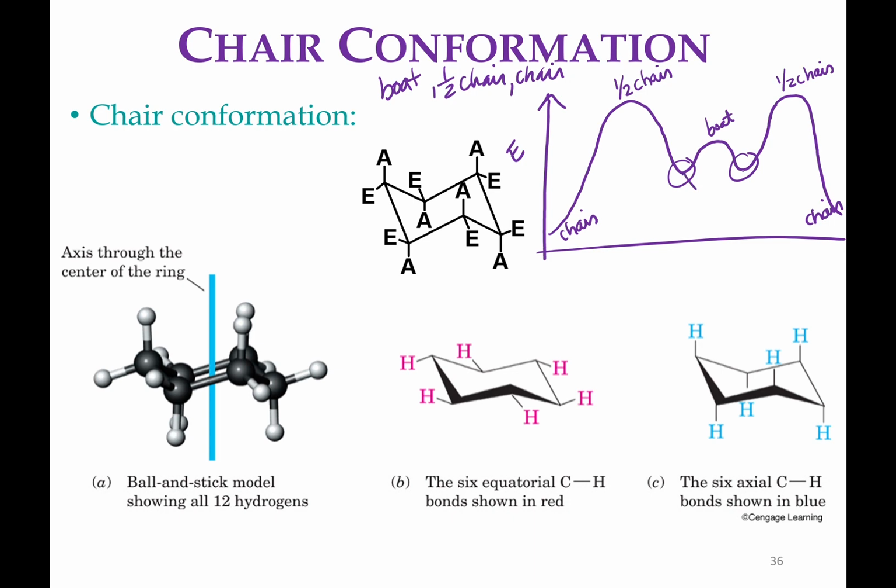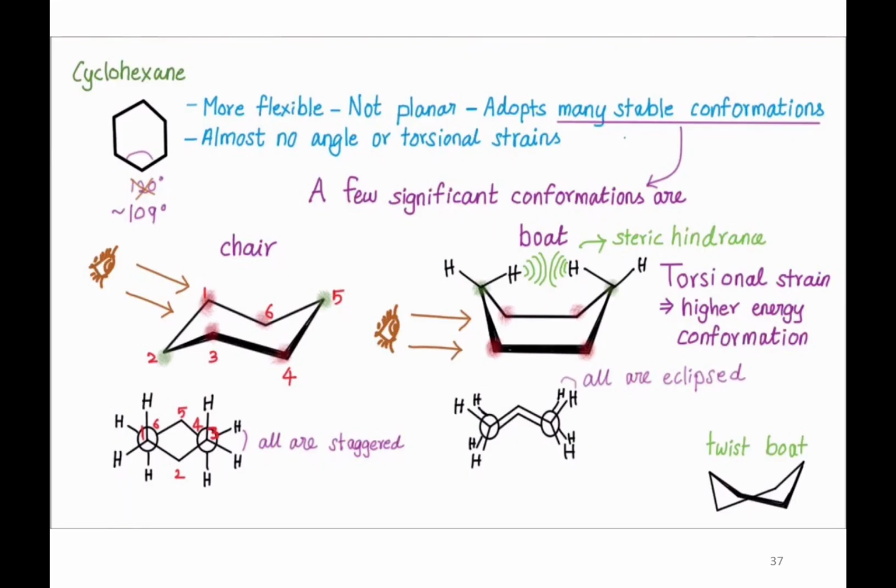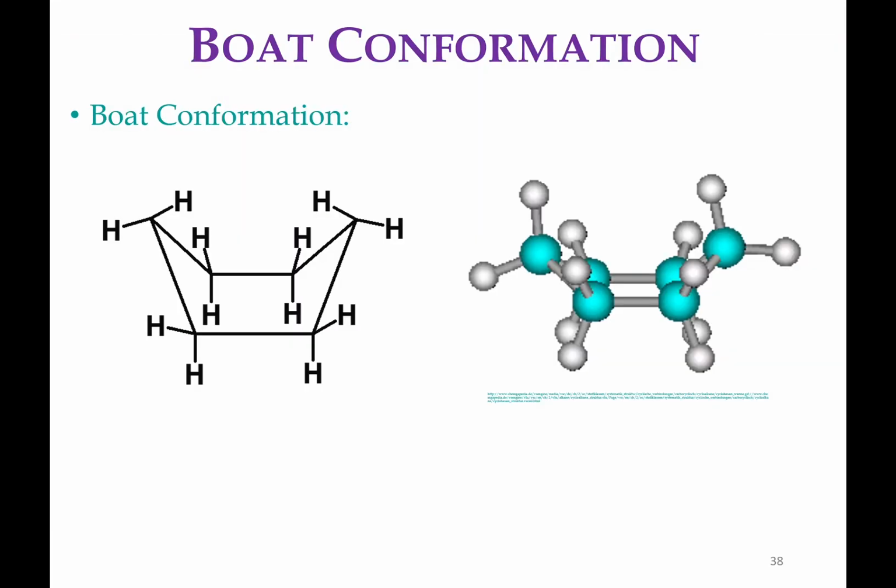This is actually something called a twist boat, where the boat slightly twists. It's a little twisted conformation of the boat in order to eliminate what we call the flagpole effect. And I'm going to switch over to the next slide real quick just to show you. Oh, I forgot about that one. We'll come back to that in just a second.